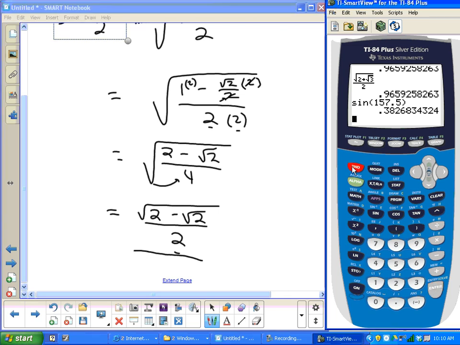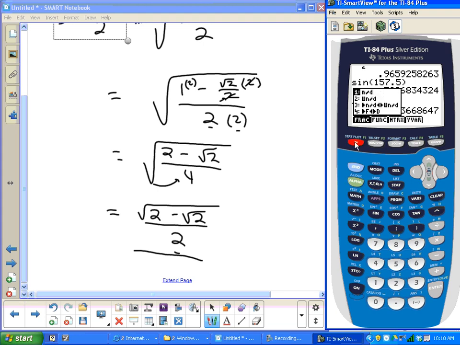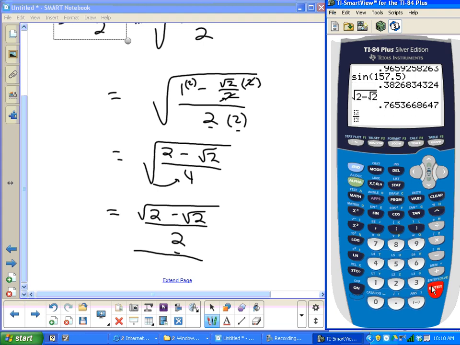So let's see. Square root of 2 minus square root of 2 over, oh, I forgot my fraction thing. I'm going to try this. I'm going to be slick. I'm going to paste that in there. I wonder if it'll do that.